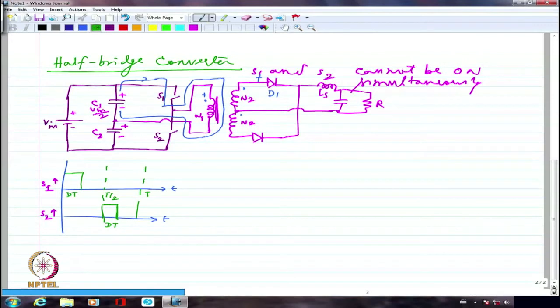I am going to have from plus, it is going to go like this in this direction, and then it is going to go like this and return through S2. So the current is flowing in the opposite sense in the winding. So you create positive half and negative half across this winding, which is the high frequency transformer primary winding, when you turn on S1 and S2 respectively.